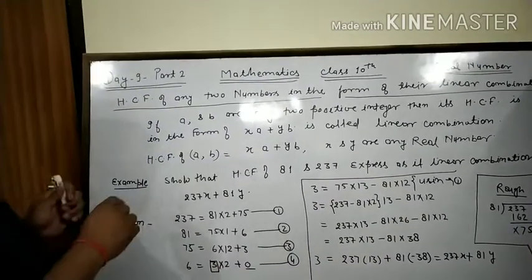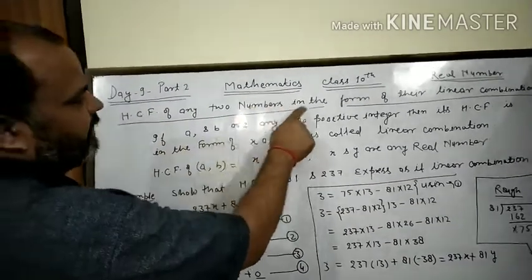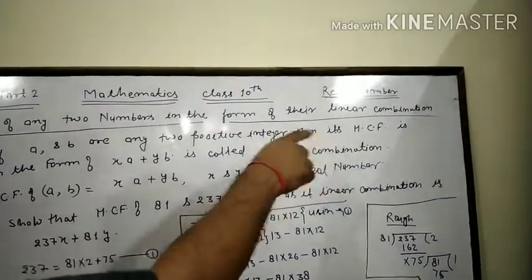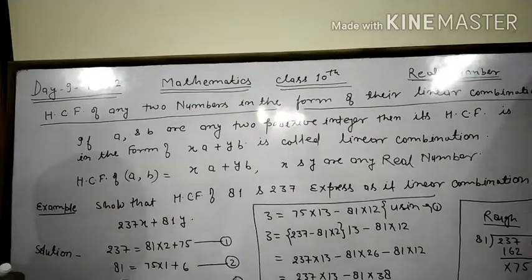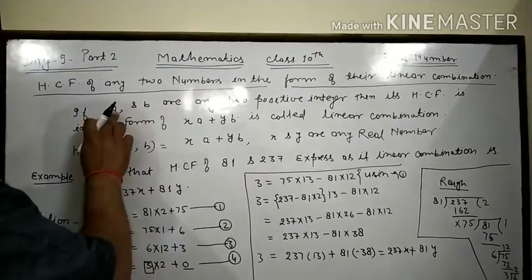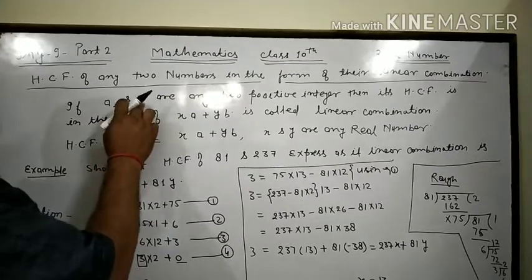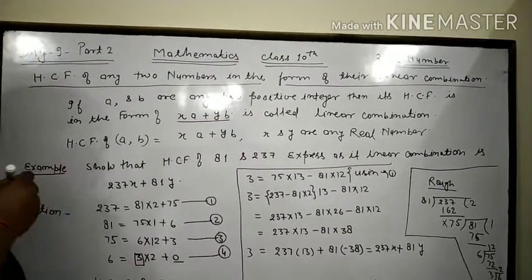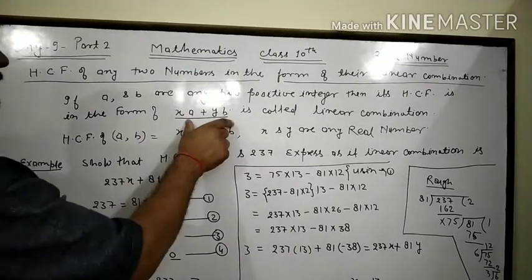Here we discuss that the HCF of any two numbers can be written in the form of a linear combination. Linear combination means if you find the HCF of A and B, then its linear combination is XA plus YB.